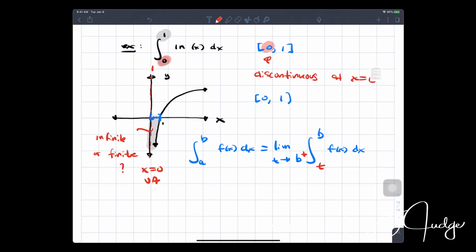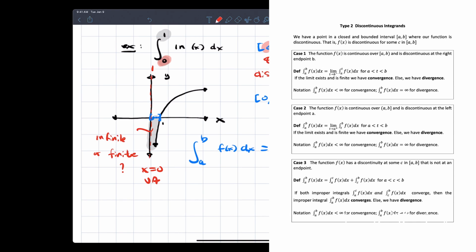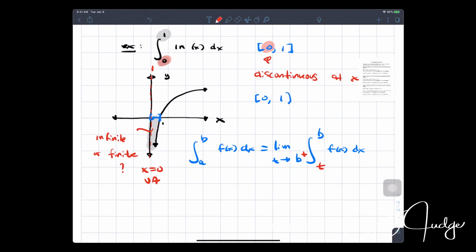So if we go back to our definition, sure enough, it's actually a. We're going to have t go to a because it's the lower bound, right? So let's go back. This lower bound here is where you have the discontinuity, and this is why we replace it with a t.